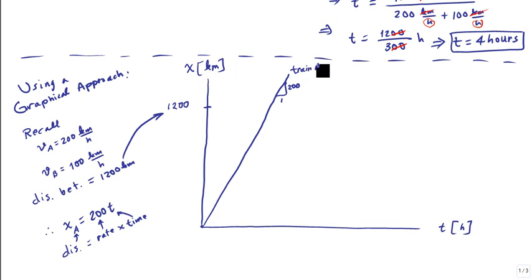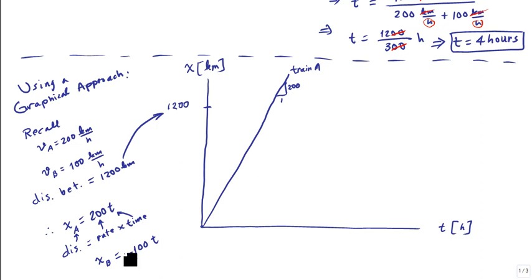Train B, on the other hand, has an equation of distance is equal to rate times time. In this case, however, we're going to say that this 100, which is train B's rate, times the time, we're going to note that it's going in the opposite direction, so it's going to have a negative slope.